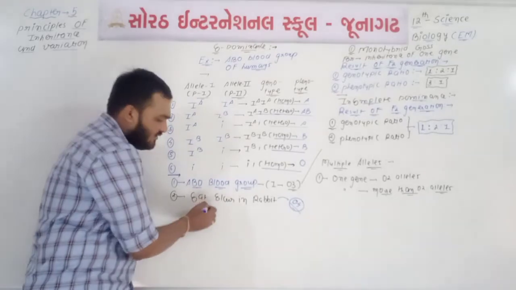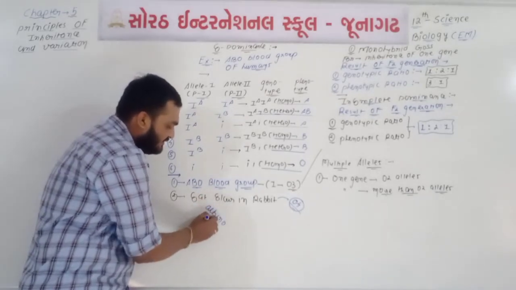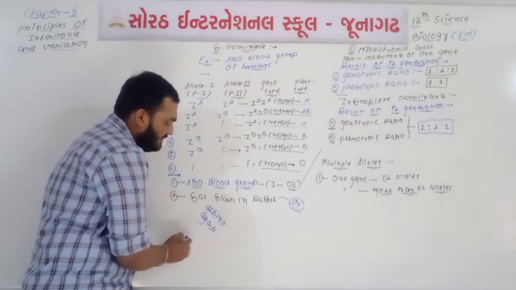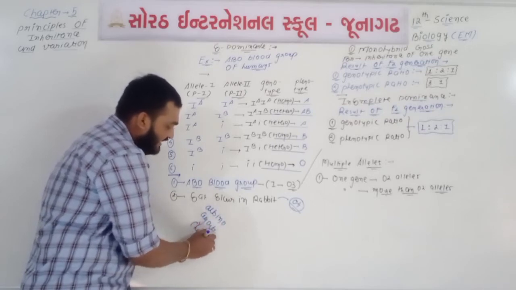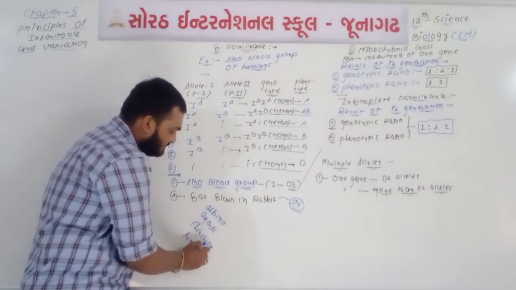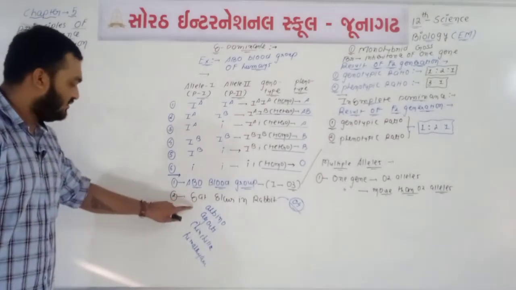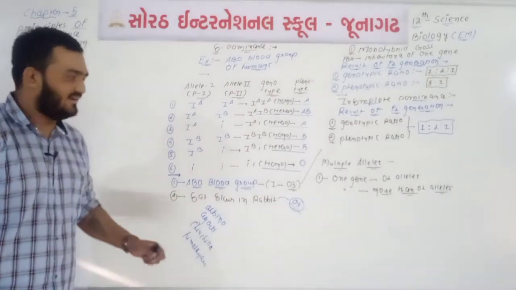The 4 alleles are: first albino, second agouti, then chinchilla, and the fourth one is Himalayan. So these are the four different types of alleles.